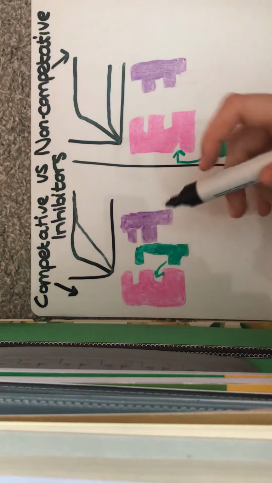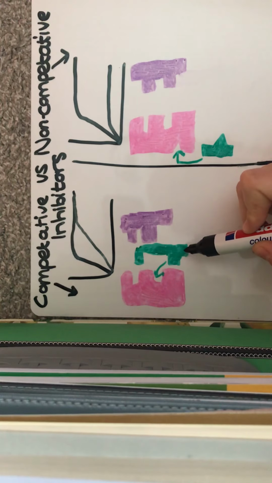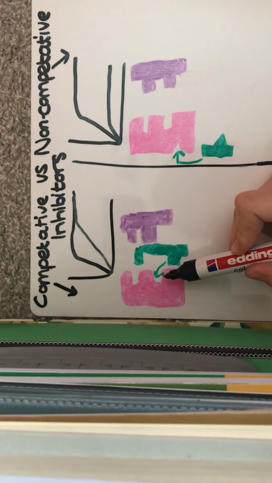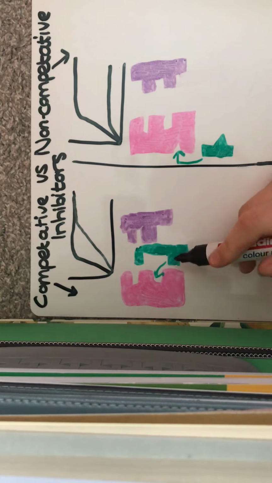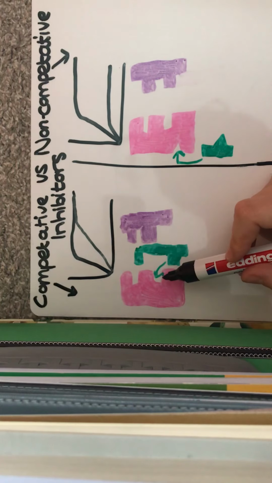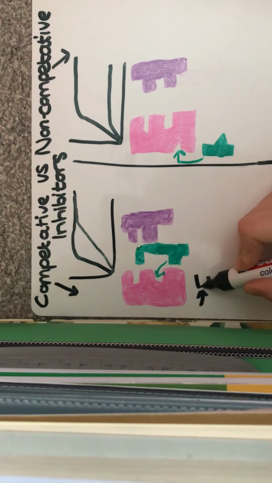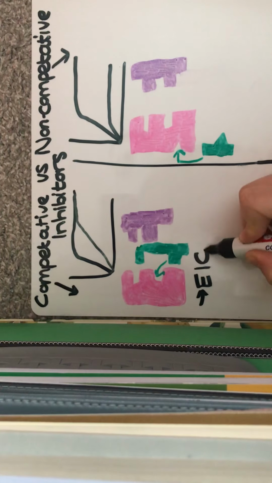First, what happens is our competitive inhibitor will have a complementary shape to the active site of the enzyme, so it will bind to the enzyme, forming an enzyme inhibitor complex.